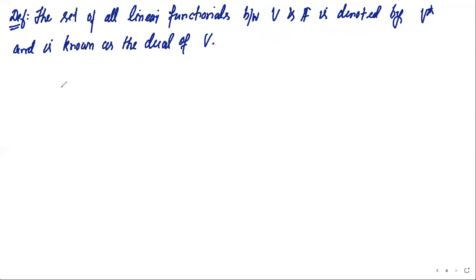Now let's have a result that relates the basis of V with the basis of V star. Before doing the result, we shall have some observations which quickly follow from the set of all linear transformations from V into W being a vector space. So let's recall it in the form of a proposition.